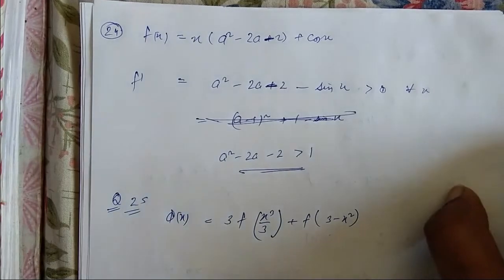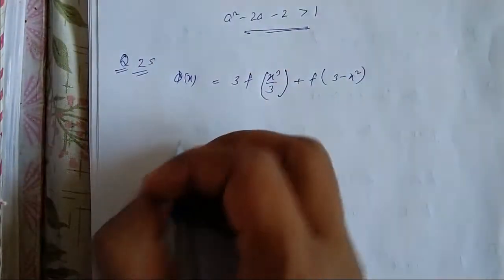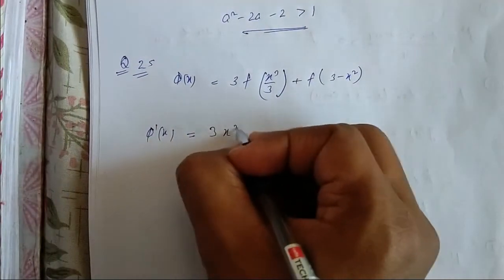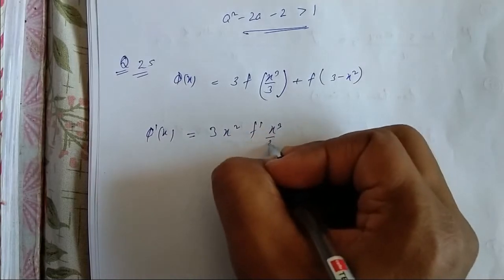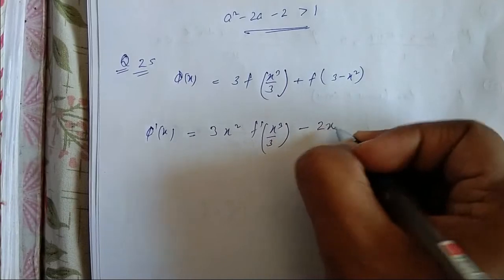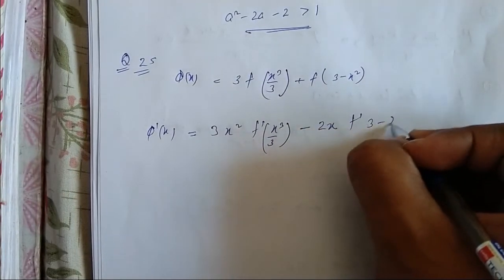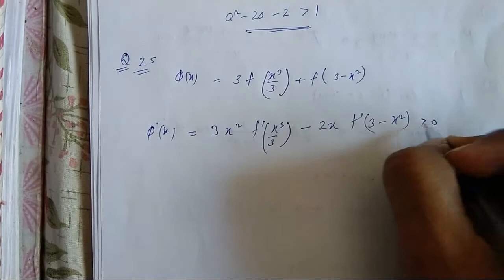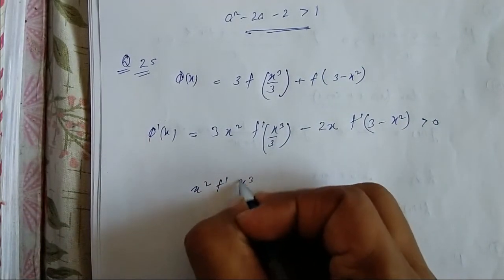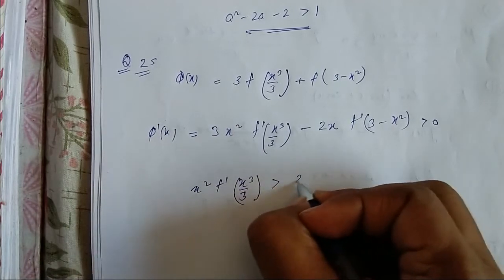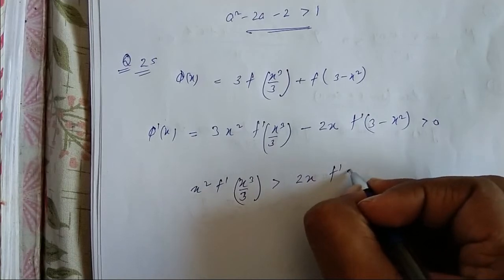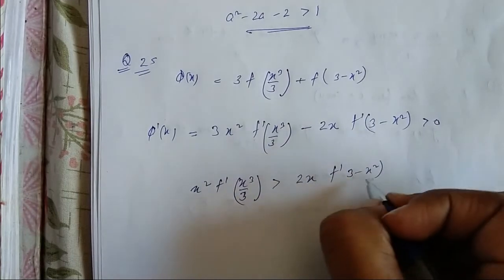Okay, so first calculate phi dash x, which is equal to 3 x square f dash x cubed by 3 minus 2x f dash 3 minus x square, which should be greater than 0. So x square f dash x cubed by 3 is greater than 2x f dash 3 minus x square.